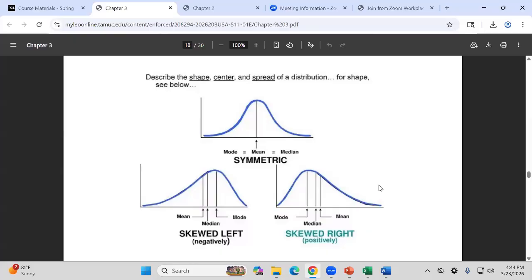Remember the very top one, right? You can take a look at the bottom two. If you don't remember the bottom two, that's fine for this course, but remember the top one. If you have a symmetric bell shape, this data set is called normally distributed.